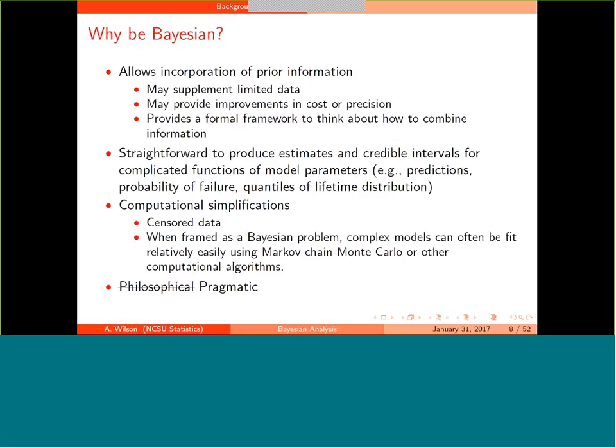Okay, so the next bullet is one that the tech person in me loves, but we'll come back to this as we look at some examples. One of the features of Bayesian analysis is that it is very straightforward to produce estimates and credible intervals. Again, that's one of my technical terms. What I mean by credible interval is a statement about the uncertainty of my estimate for very complicated functions.